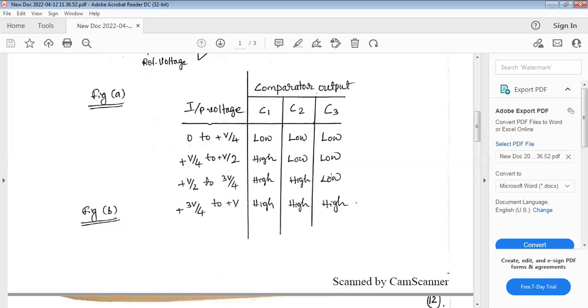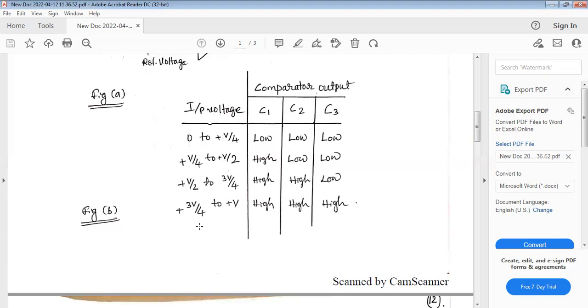Because comparator C3 is in off position, as its reference voltage is plus 3V by 4, and only when the input voltage exceeds plus 3V by 4, then the C3 comparator works. So that is why up to this condition, comparator 3 is also at a low or off condition.